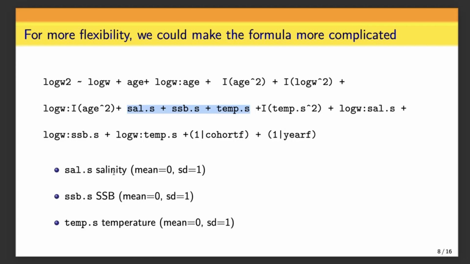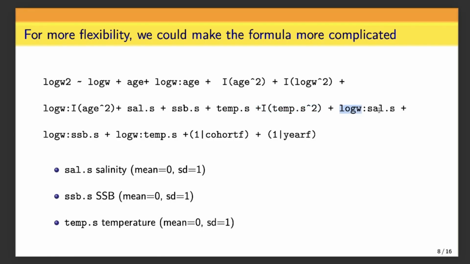sal.s is salinity scaled to have mean 0 and standard deviation 1, and ssb.s is SSB scaled to have the same, and the same for temperature.s. It's scaled temperature. And then we have a quadratic effect of temperature to check if maybe there's an optimum, and some other interactions.